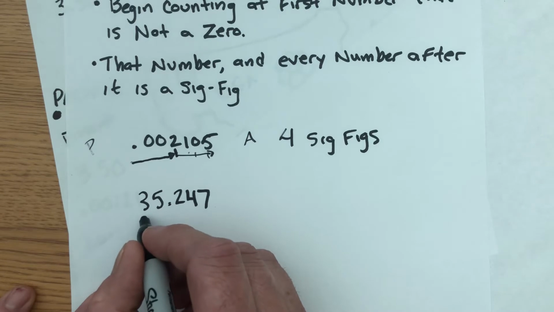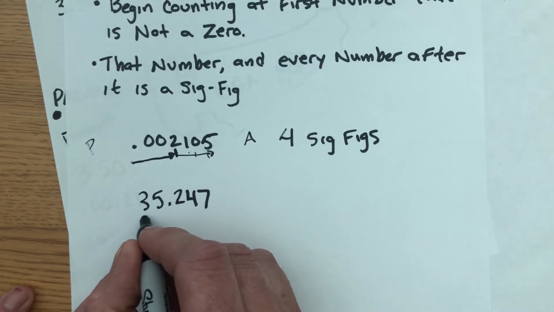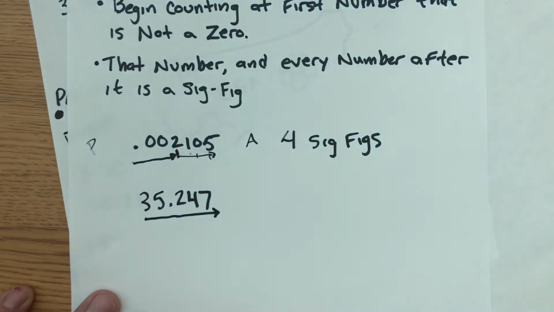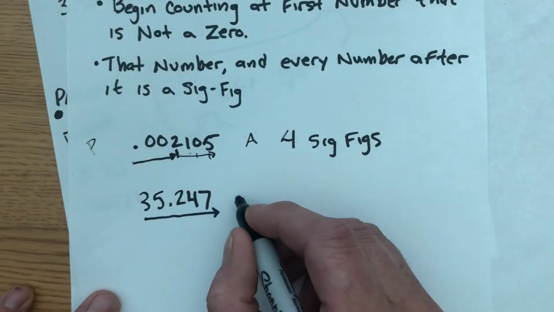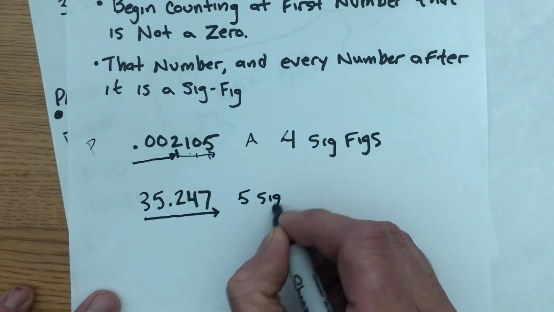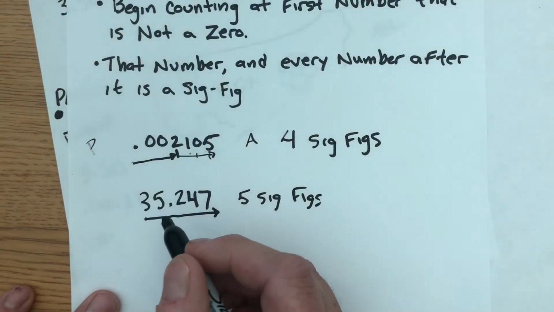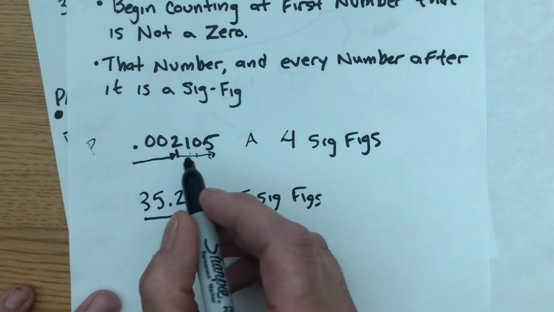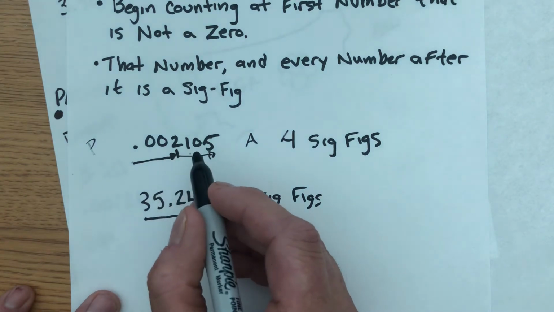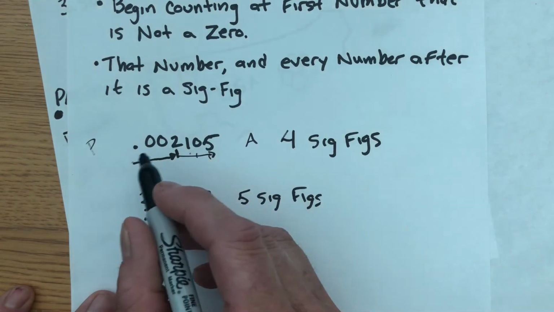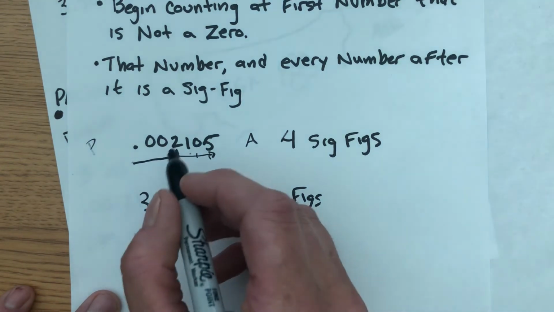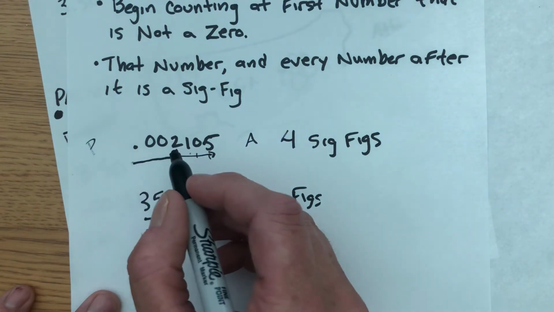Here, the first number that's not a 0 is the 3, and you count all the way through the number, so this is 5 sig figs. Even if there's a zero in the number, as long as it's beyond the initial zeros, you do count it. Not all zeros are insignificant, just the ones at the front.